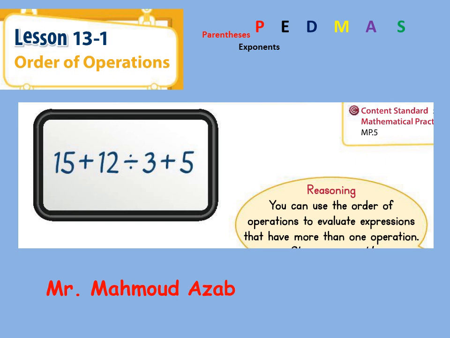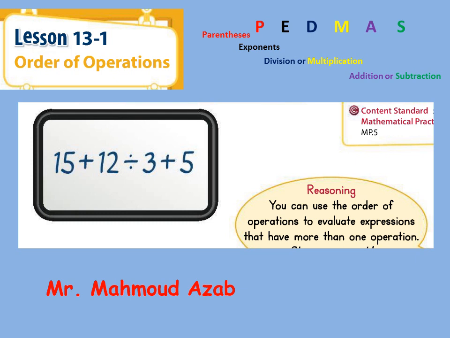For example, 4 power 2, or 4 squared, means 4 times 4, or 16. So E is exponents. D and M stand for the division and the multiplication. A and S stand for addition and subtraction.